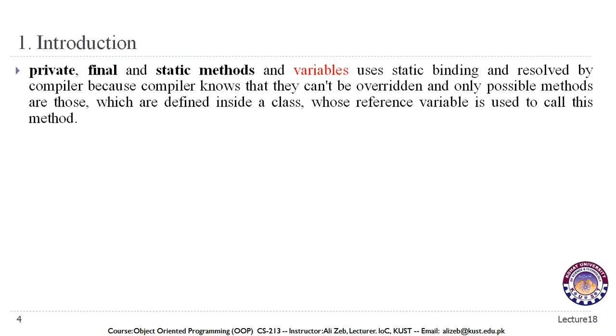They will only be called by the objects of the exact classes where they have been declared. So we have no issues regarding the binding of methods and variables when we declare them as private, final and static.